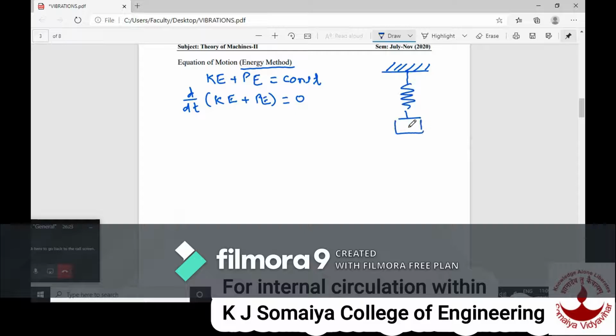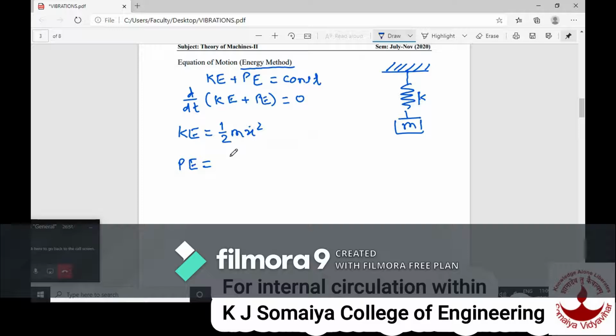Now, if I consider a spring mass system with mass m and spring with stiffness k, in that case, the kinetic energy can be written as half of m into v square, so it will be written as x dot square, whereas potential energy can be written as force into displacement, and what is force?